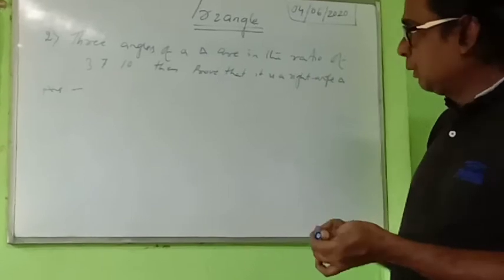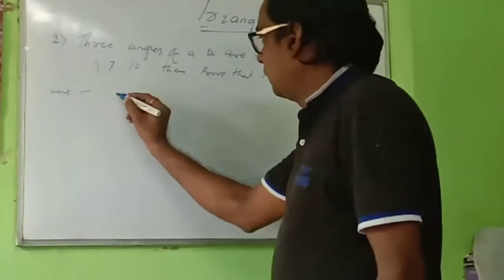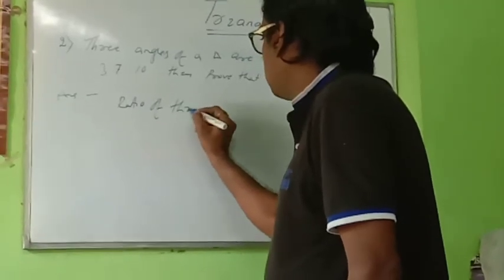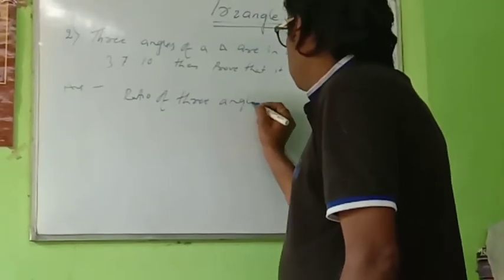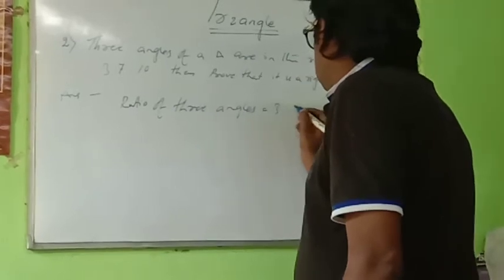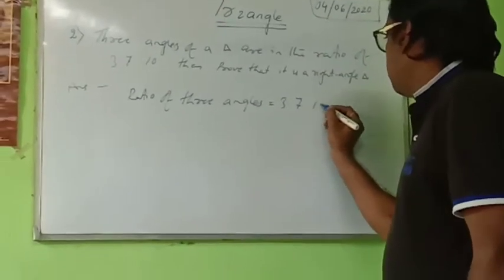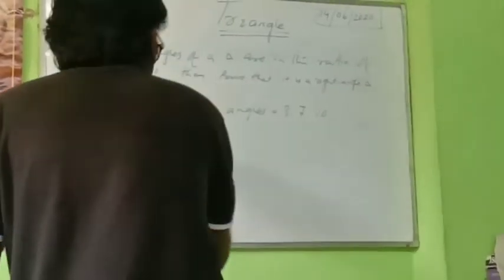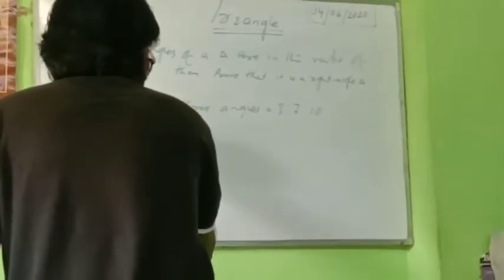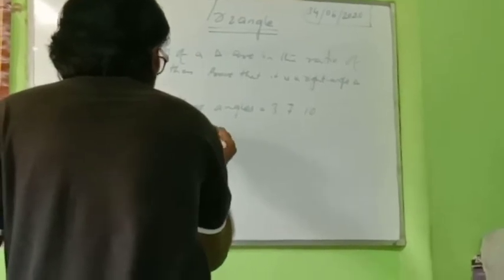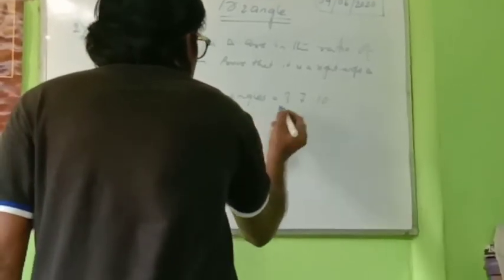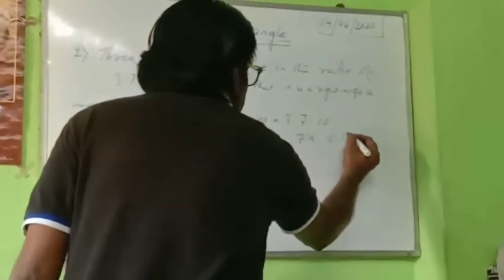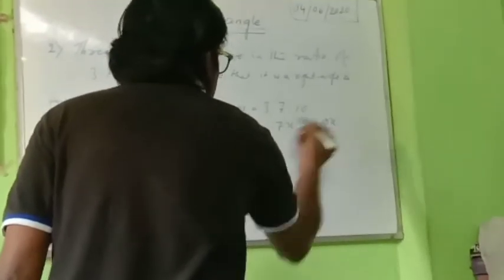First of all, the ratio of the three angles is given, 3:7:10. As the ratio of the three angles is given, let the angles be 3x, 7x and 10x. We are taking x as the multiple.